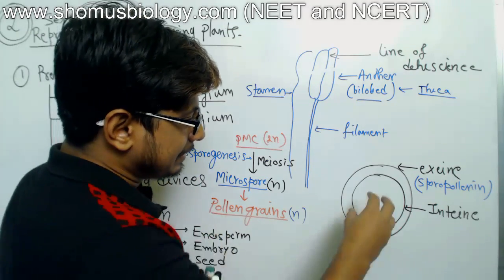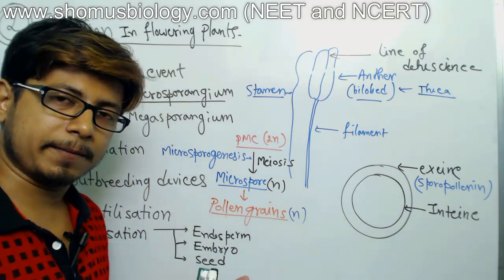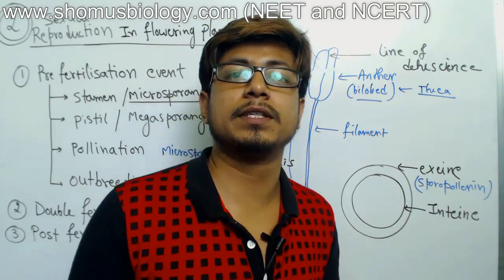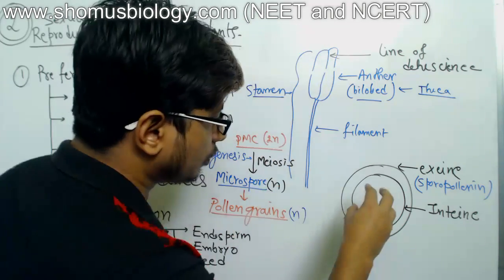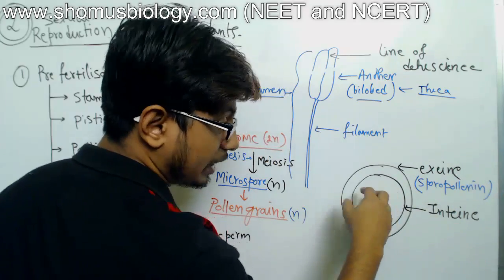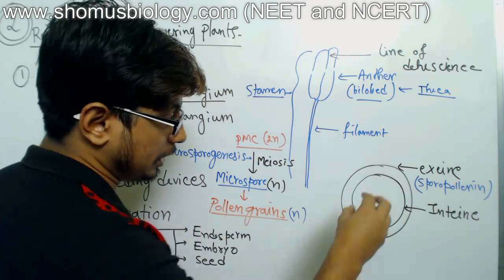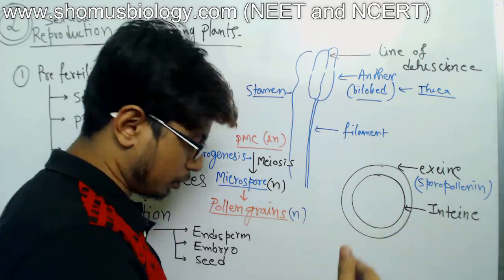Now the cell inside can divide into two different types of cell: vegetative cell and generative cell. Once this pollen grain is ready to be dispersed, the cells start dividing. Even before dispersal, they need to be readied for dispersal, and they need to divide into two types.